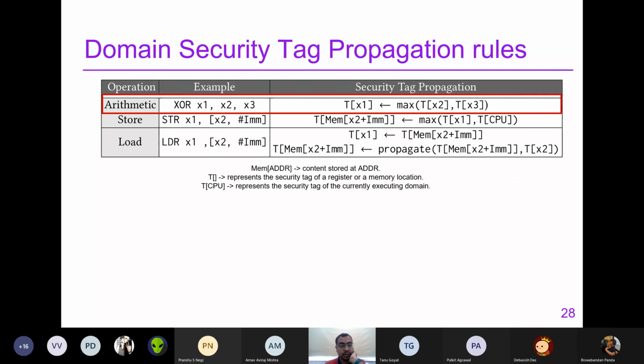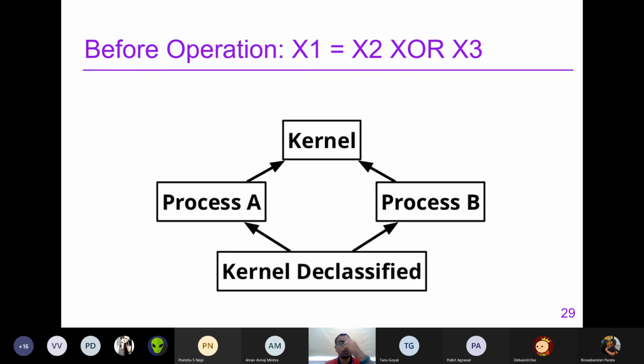So if we move ahead, I will just try to explain with this animation. Let us assume that x1 has a domain tag of kd, so it belongs to this kernel declassified, and x2 has a tag of a, and x3 has a tag of k. Now we are performing this XOR operation.